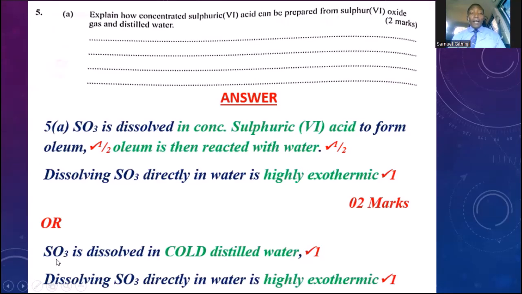Otherwise, the student could have argued that the sulfur 6 oxide is dissolved in very cold distilled water for a whole mark. Then if you react it in ordinary water, the reaction is highly exothermic. That is it. Part A.